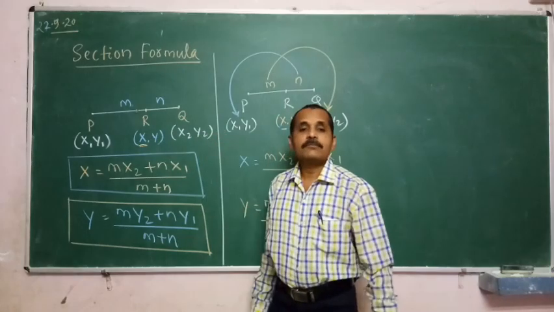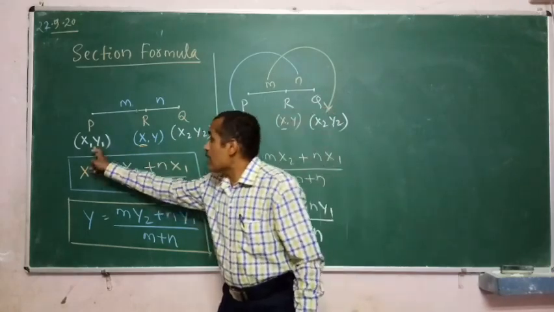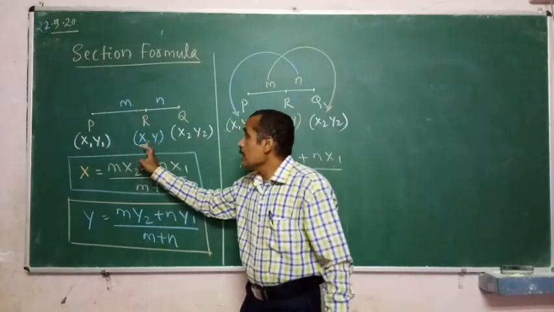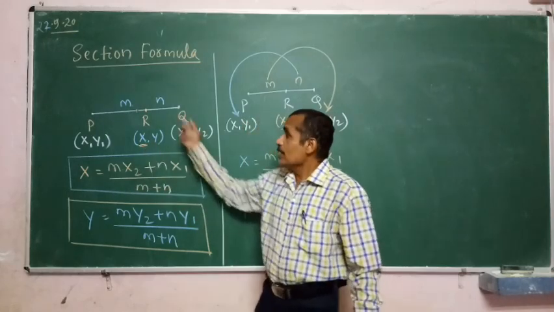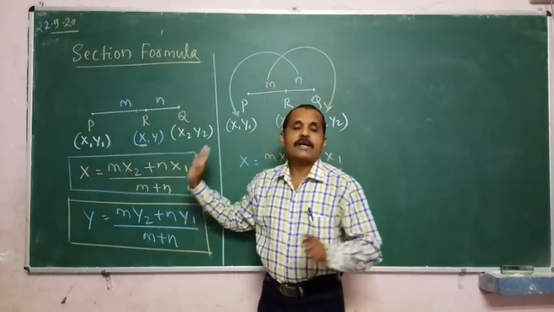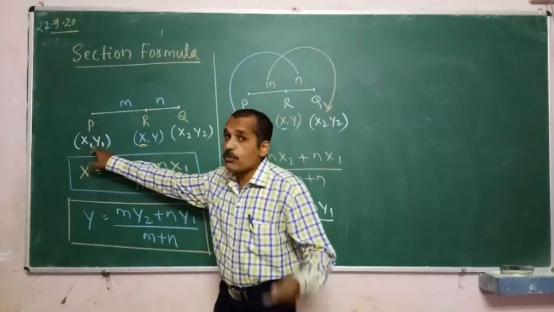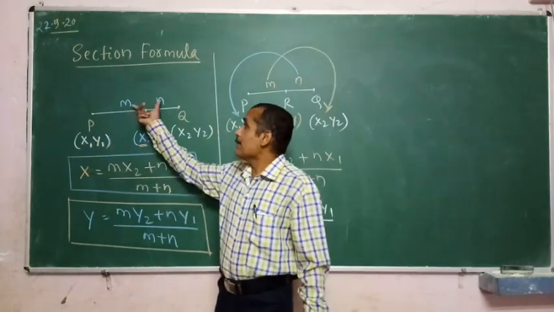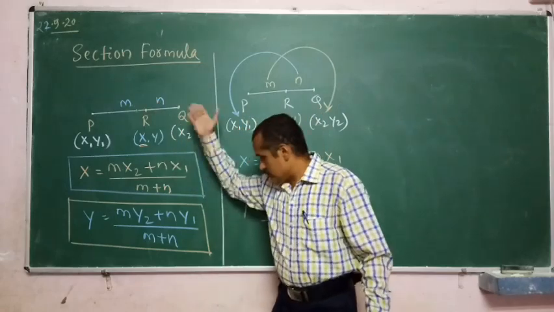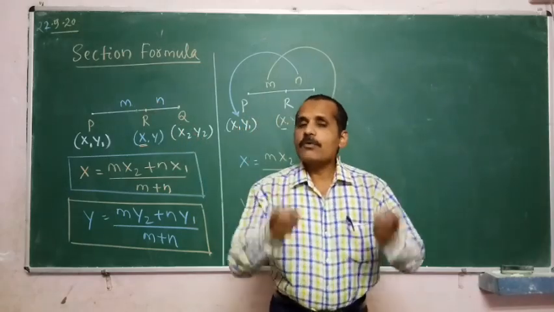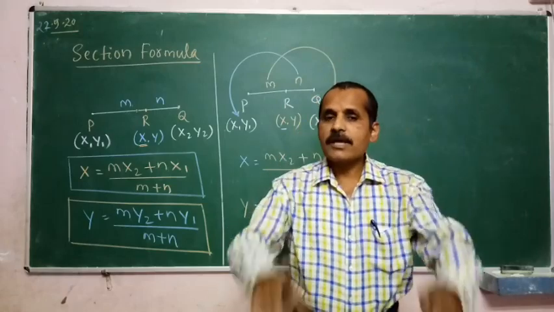Formula remains the same. They may give you x1, y1, xy, x2, y2 and ask you the ratio. They may give you x1, y1, xy, m is to n and ask x2, y2. Everywhere the formula remains the same.